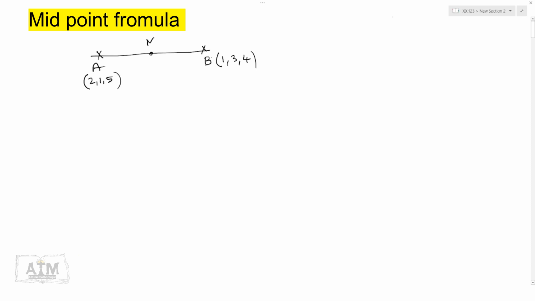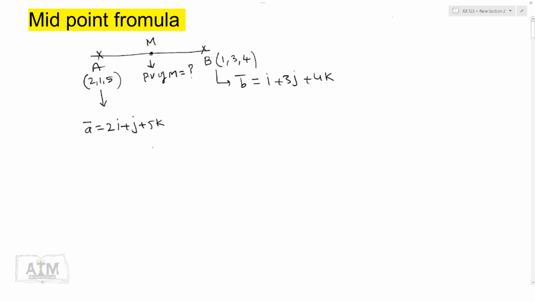The position vector of point A is vector A equals 2i plus j plus 5k, and the position vector of point B is vector B equals i plus 3j plus 4k. Now M is the midpoint of AB. What is the position vector of M?